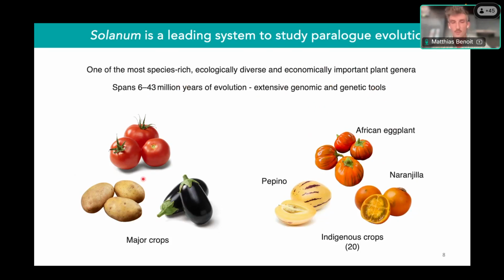So this system really allows us to test how gene duplication and paralogs, which is the term we use for genes originating from duplication, can first modify plant phenotypes and how they can actually be tweaked in order to reach the desirable phenotype of interest.